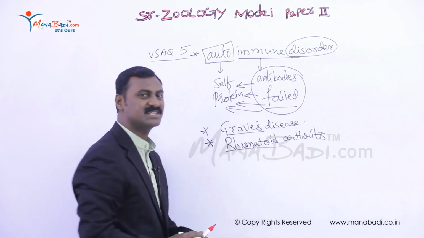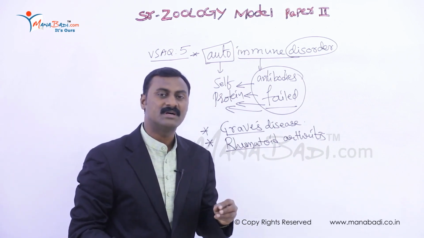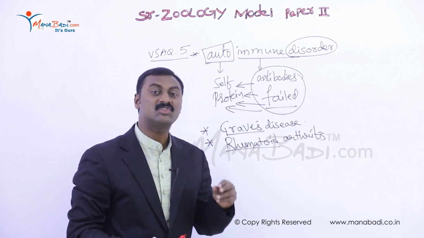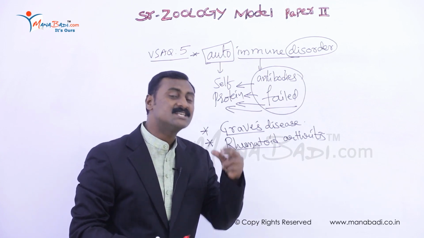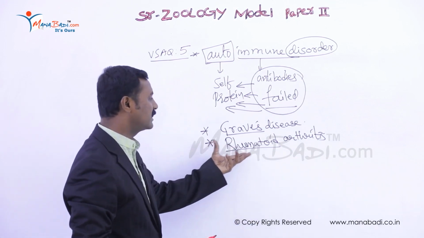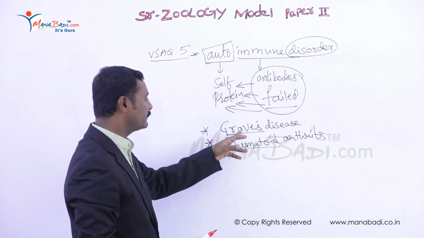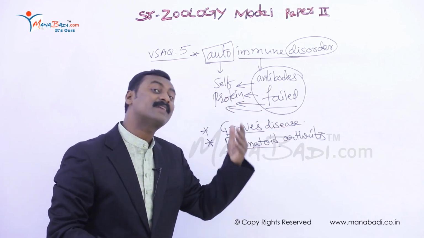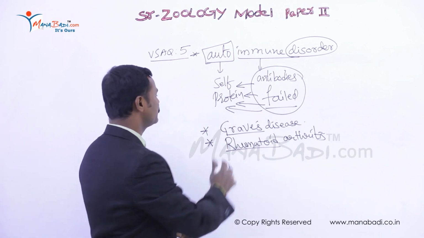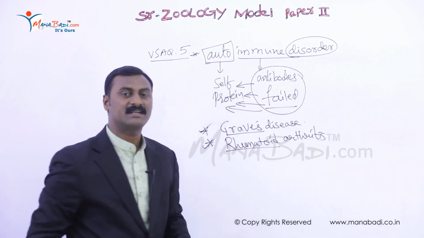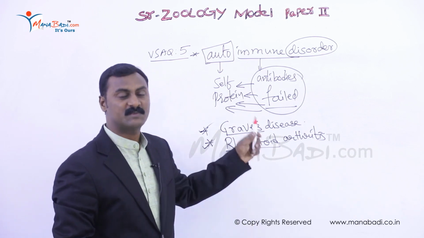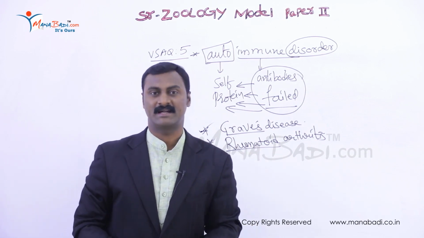Rheumatoid arthritis means a lot of synovial fluid accumulates in the joints, so the joints get swelling, because of the attack of these antibodies. In Graves' disease, a lot of thyroxine is secreted. So Graves' disease and rheumatoid arthritis are some examples of autoimmune disorders.